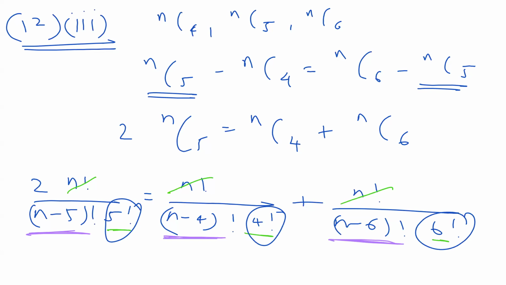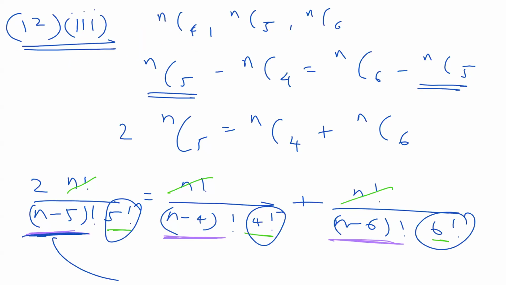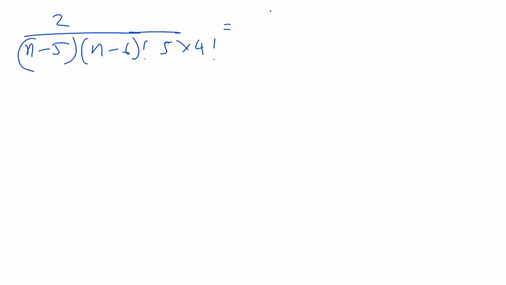So 2 upon (n minus 5) factorial is (n minus 5) into (n minus 6) factorial, and 5 is 5 into 4 factorial. We are reducing n minus 5 to n minus 6 and 5 to 4, the smaller terms. Now n minus 4 factorial to n minus 6.